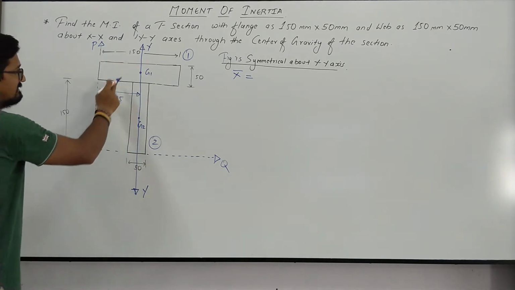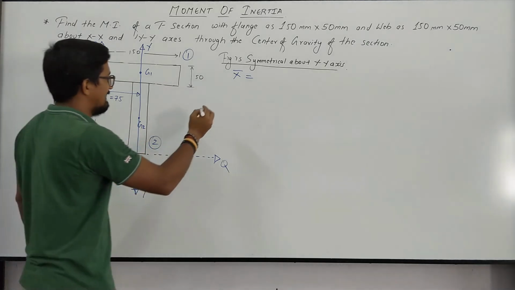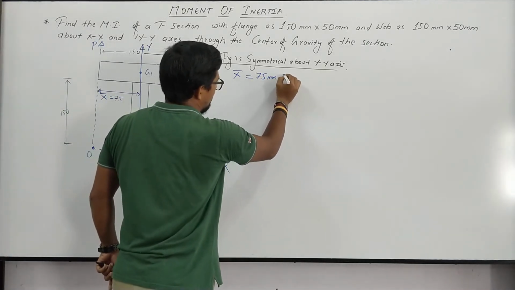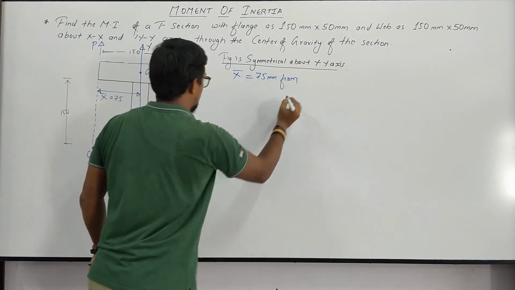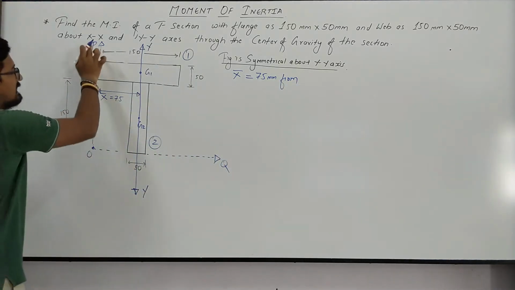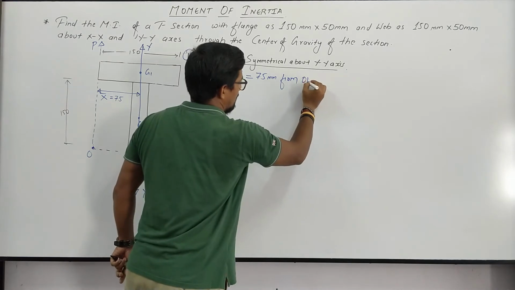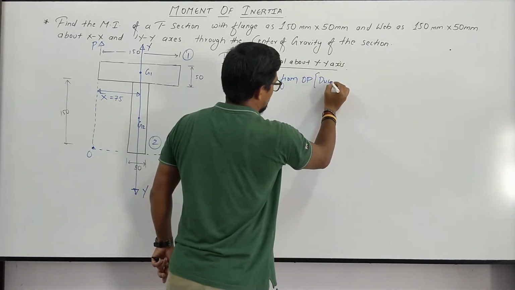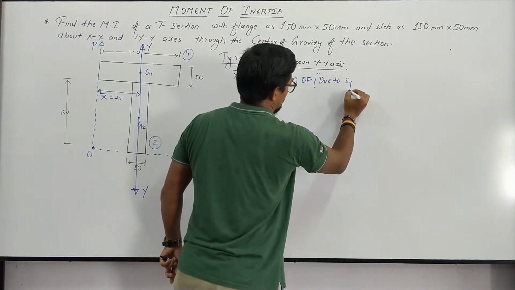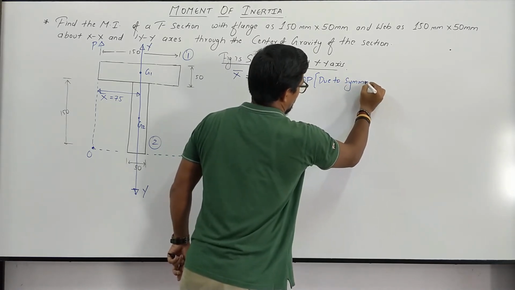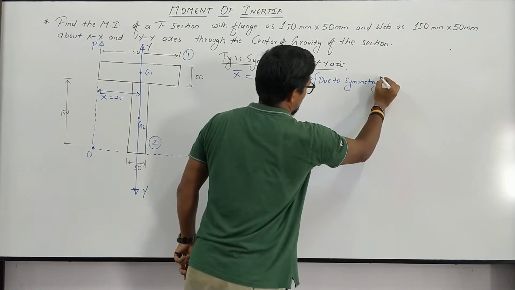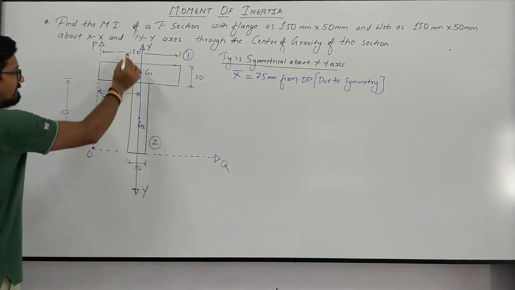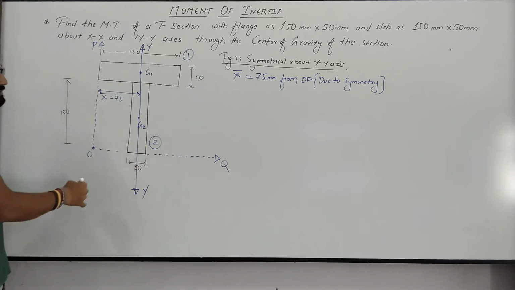From where did I get this? Due to the symmetry of the figure. So x bar is equal to 75 mm from reference axis OP. We have to write the reason for this: due to symmetry, correct?